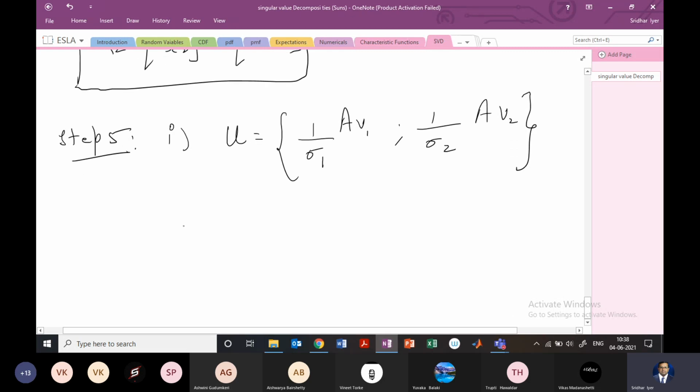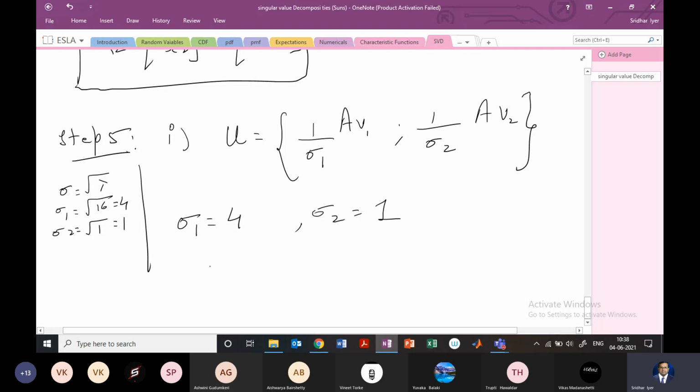Here sigma 1 is 4 and sigma 2 is 1. Please remember that sigma is root lambda. So sigma 1 is root of lambda 1, which is 16, therefore you get 4, and sigma 2 is root 1, which is 1. So sigma 1 and sigma 2 are known.